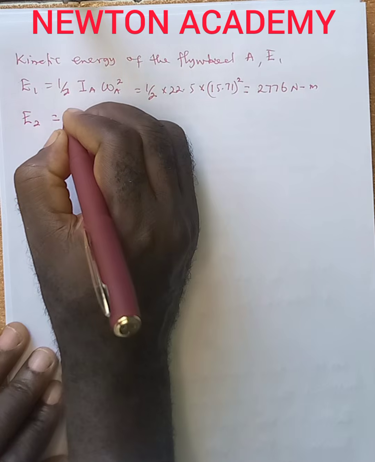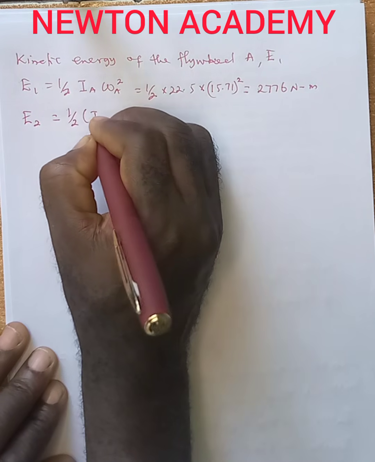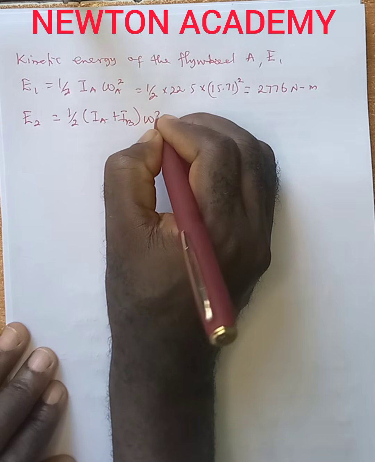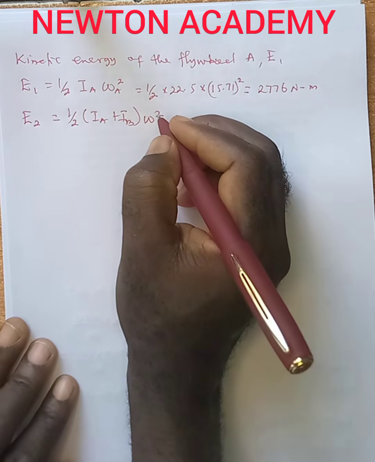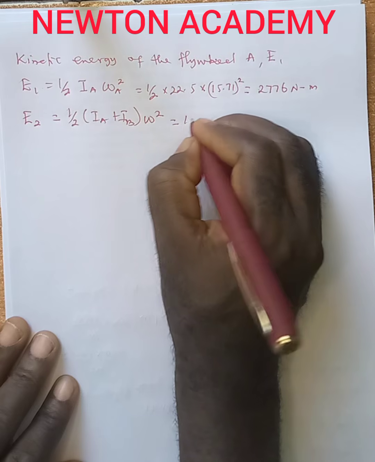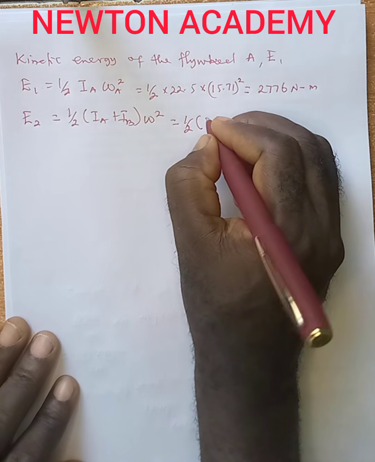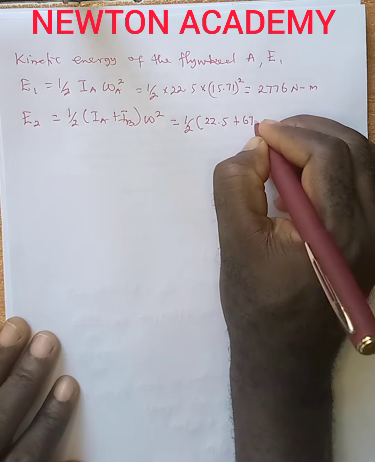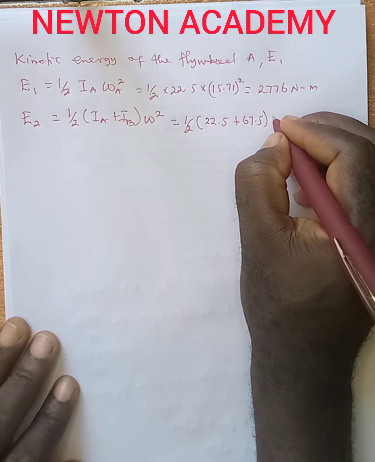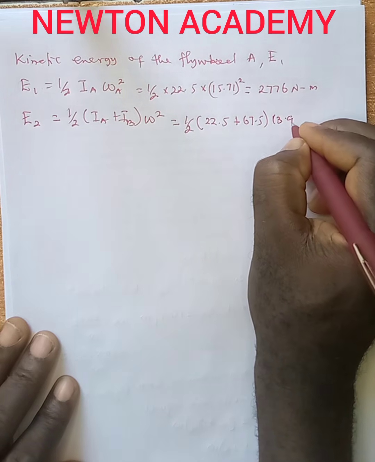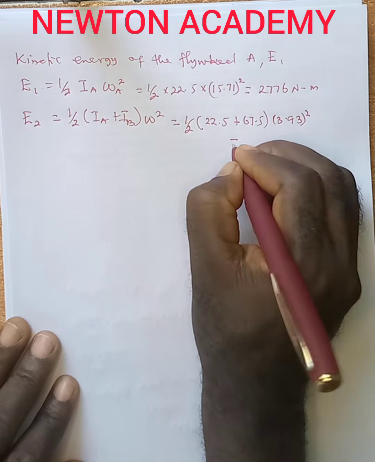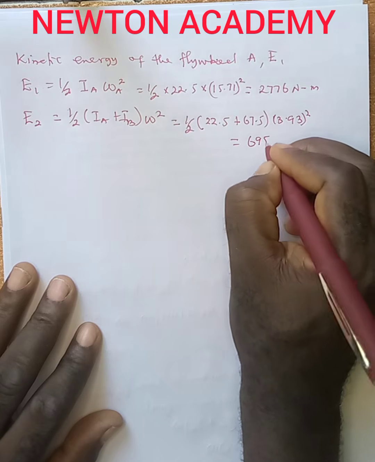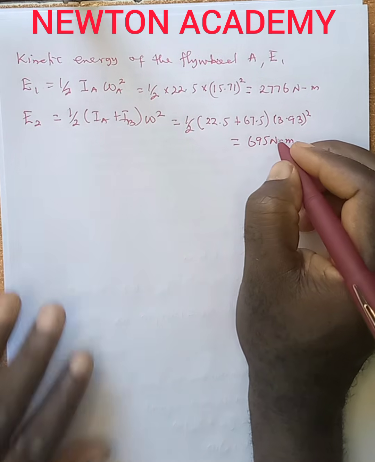Then it will now be a half (IA plus IB) multiplied by the square of their common angular speed, which is equal to a half into (IA, which is 22.5, plus 67.5) multiplied by 3.93 squared. When we evaluate this, we are going to have 695 Newton meter.